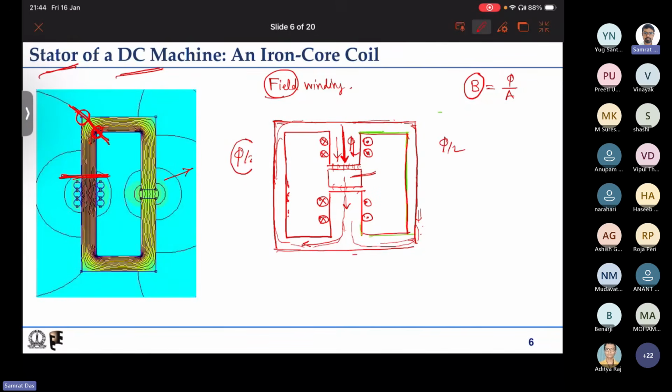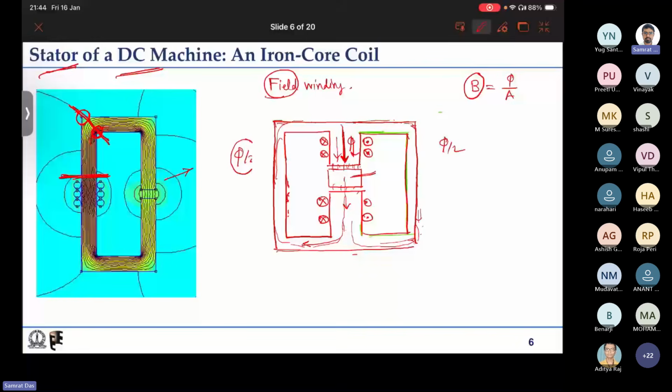So if we want to have almost uniform flux density in a region, what is the best way to do it? If we have a geometry that has the least sharp edges or does not have any sharp edges, then our job is done. What is the geometry that does not have any sharp edges? It's the circle.